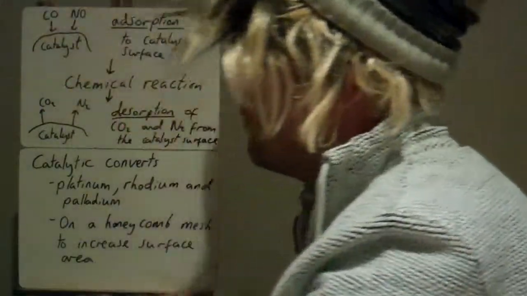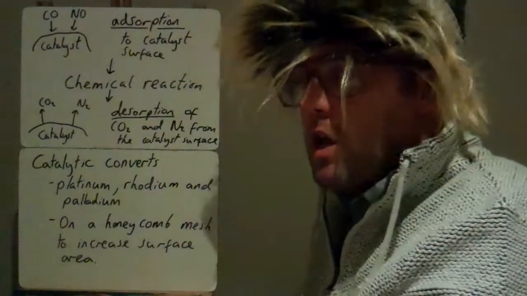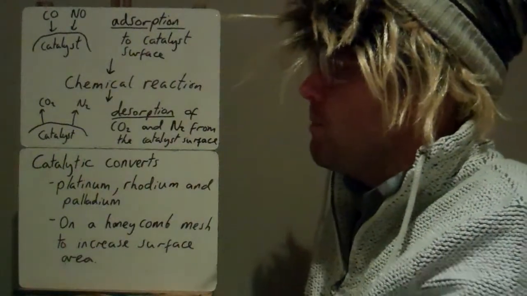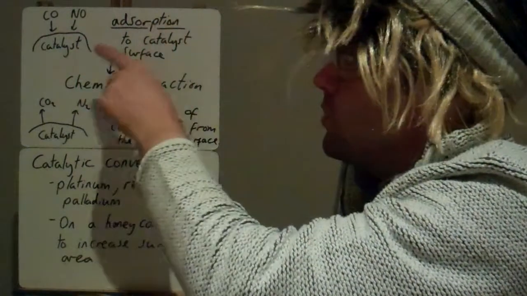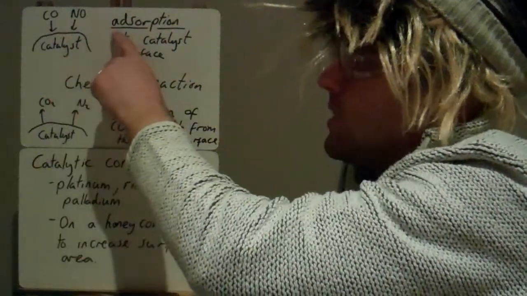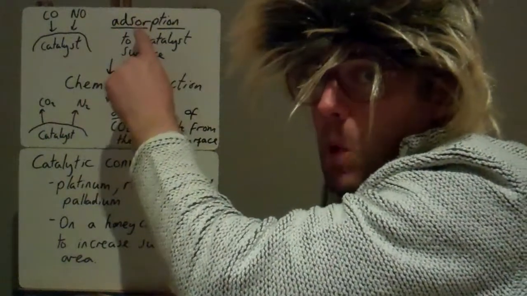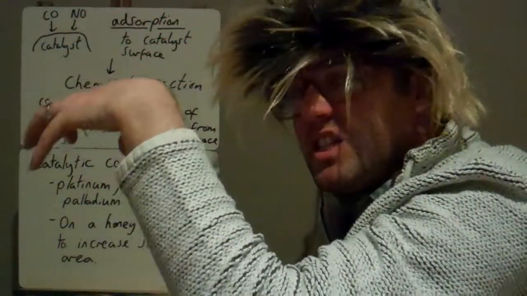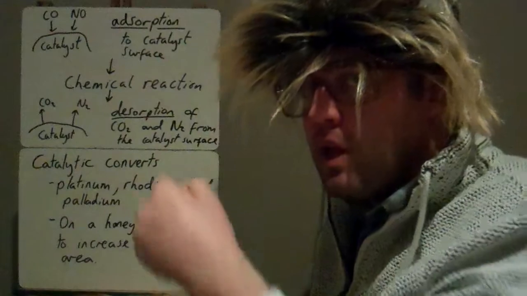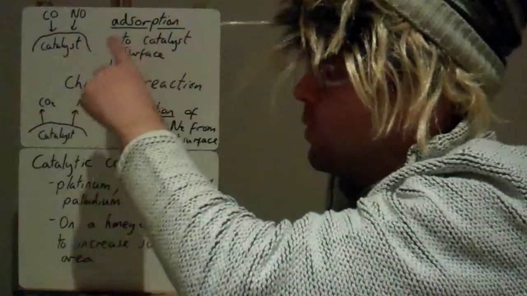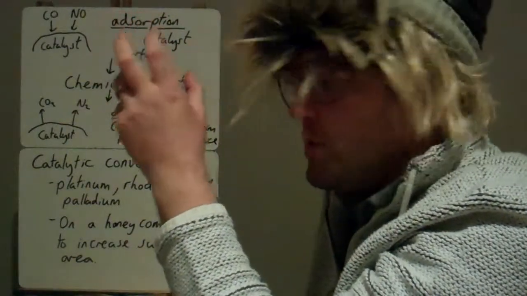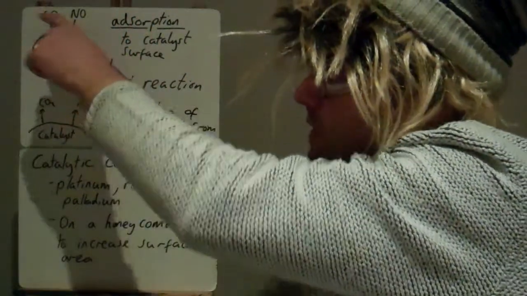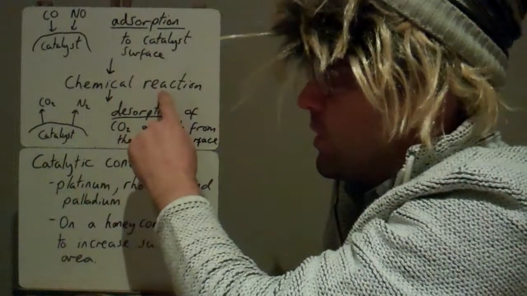So how do they work? If we look at the case of carbon monoxide and nitrogen monoxide, the first part of the process is that these gases are adsorbed onto the surface of the catalyst. Adsorption. Notice that's spelled with a D, not a B. It means that they bind to the surface, not absorbed into the structure, they're stuck to the surface. Okay? Now that adsorption has got to be quite weak, but it's got to be strong enough to cause these bonds in these gases to break and a chemical reaction to occur.